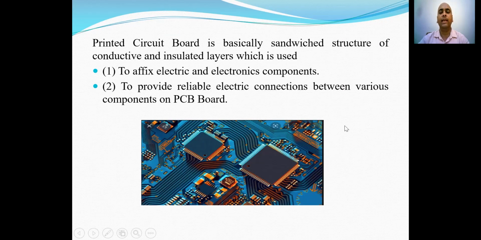Printed circuit board or PCB is basically a sandwiched structure of conductive and insulated layers which is used to affix electrical and electronics components and to provide reliable electrical connections between various components on the PCB board.